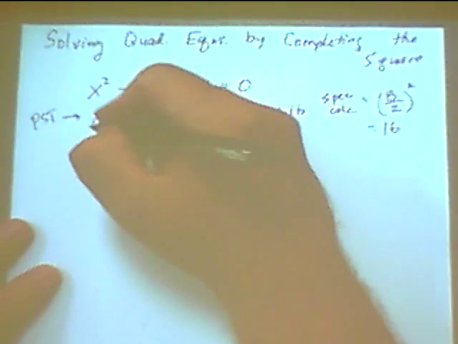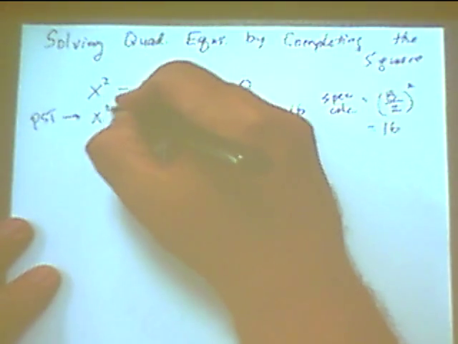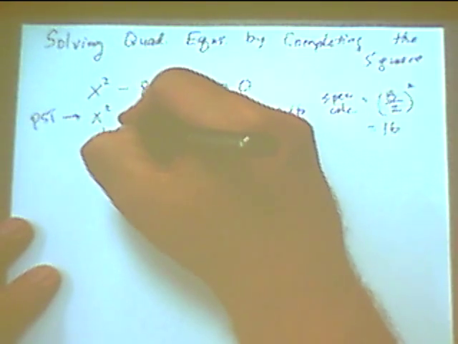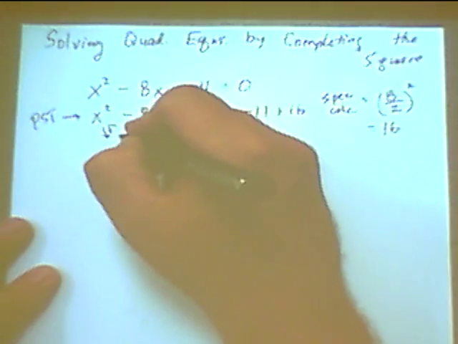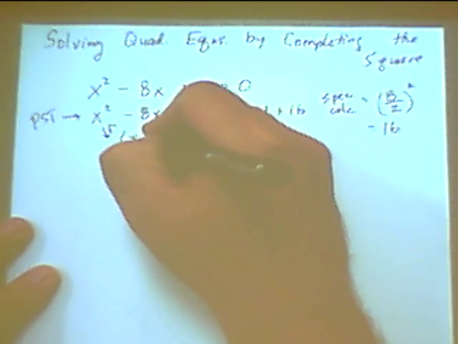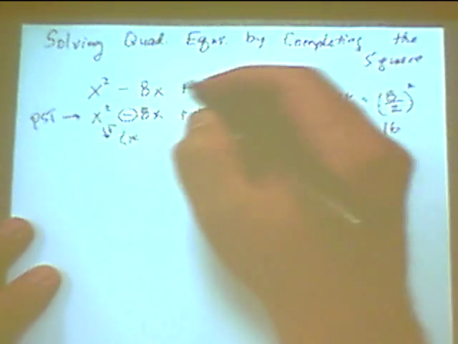What you do is, for the variable with the squared term, it's almost like you take the square root of it and put it inside parentheses. So the square root of x squared is just x.